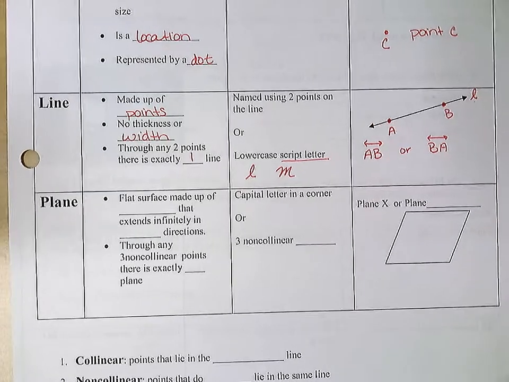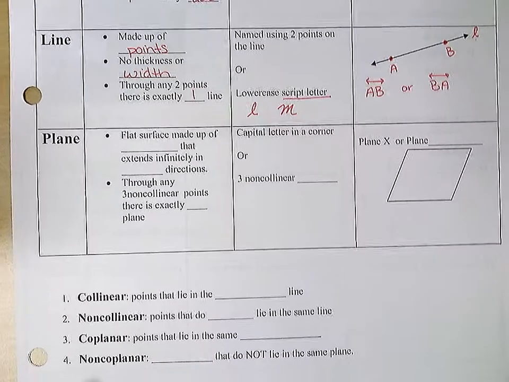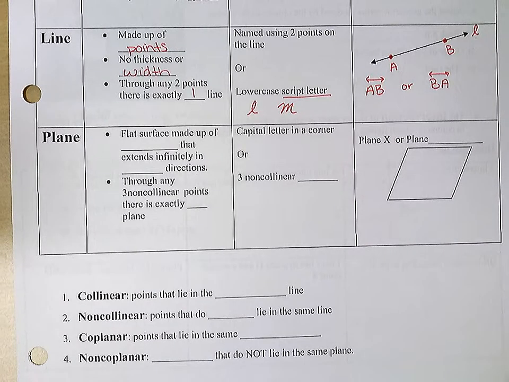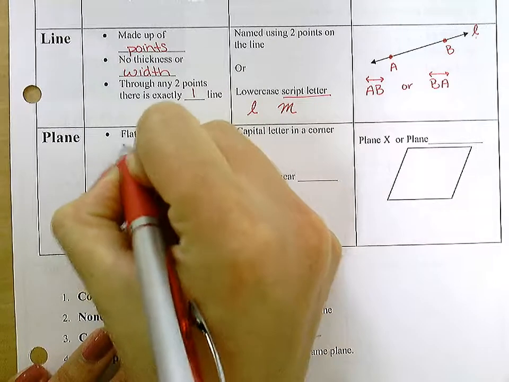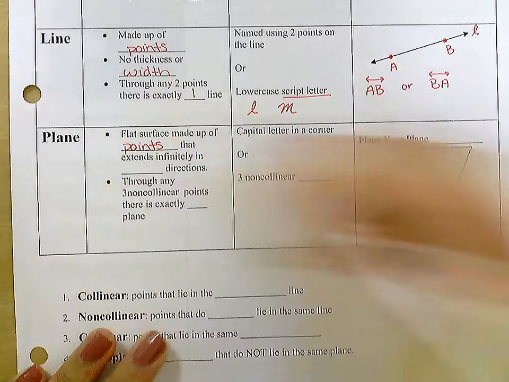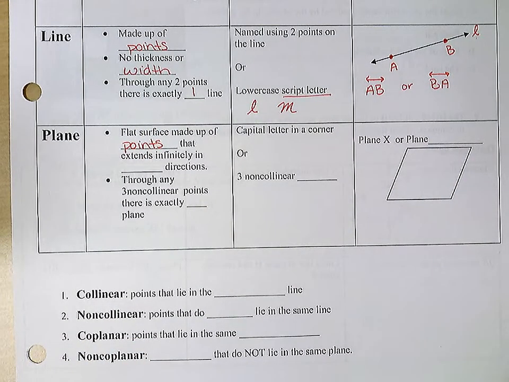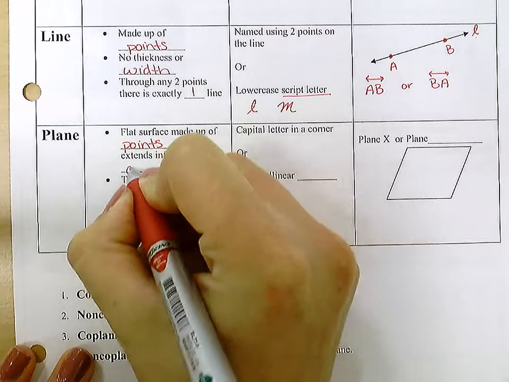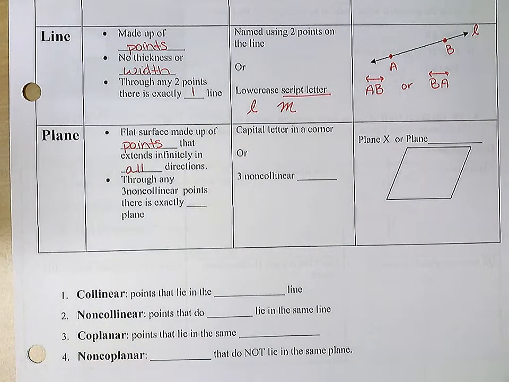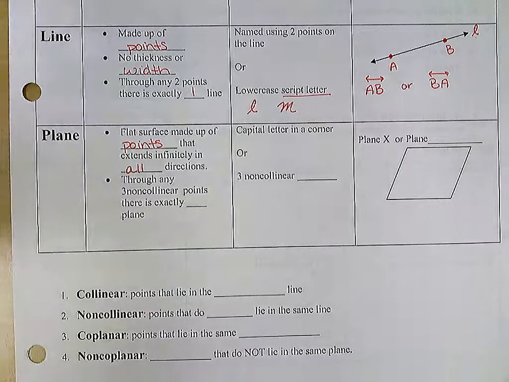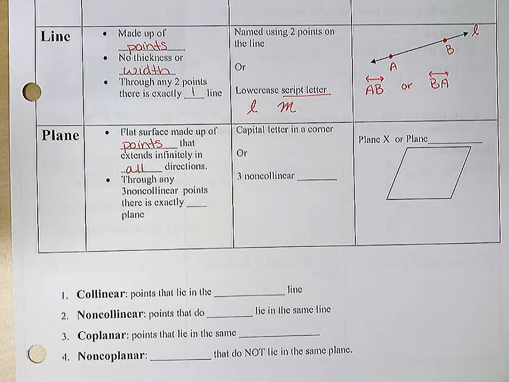Okay, our last undefined term is a plane. A plane is a flat surface made up of points that extend infinitely in all directions. Your plane is like a flat piece of paper that keeps extending in all of the directions that it goes.